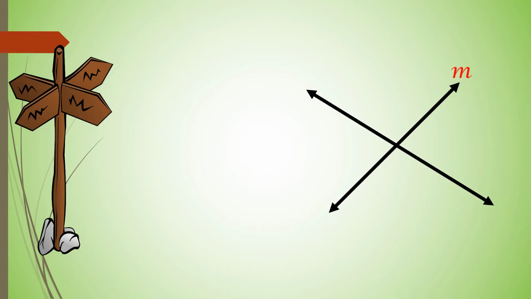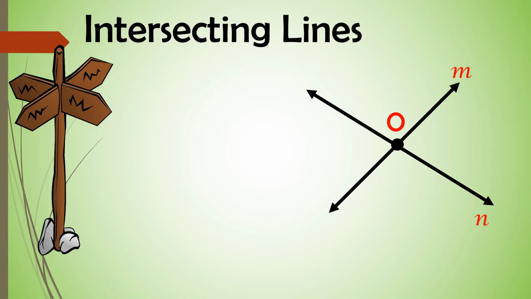Observe the picture. It can be seen on the roads. This is a sign used to remind the motorists that there are crossroads. And this picture shows the first pair of lines, which is called intersecting lines. Suppose we have here line M and line N. They intersect at point O. These two lines are called intersecting lines.